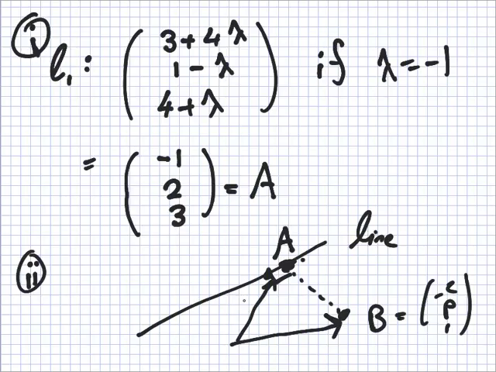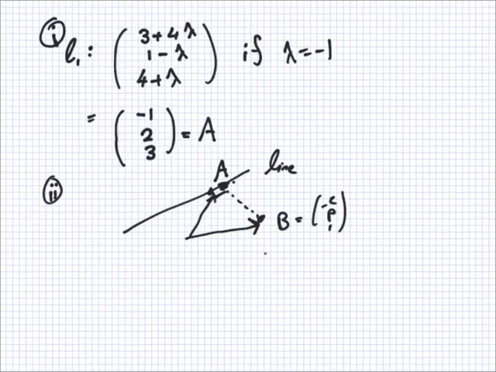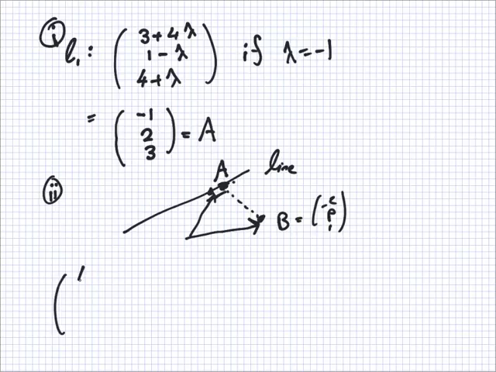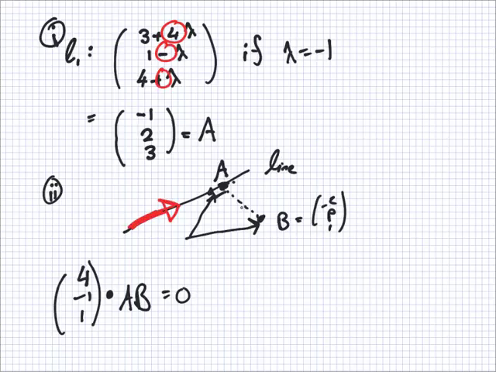So if it's perpendicular, it means 4 minus 1, 1 dot AB equals 0. Now the reason I'm using 4 minus 1, 1 is because it's these numbers, which represents the direction of the line, and that dotted with that should be 0.